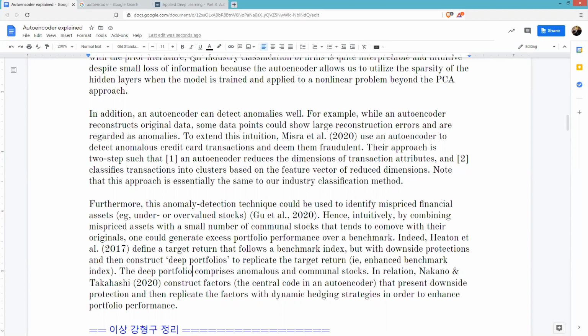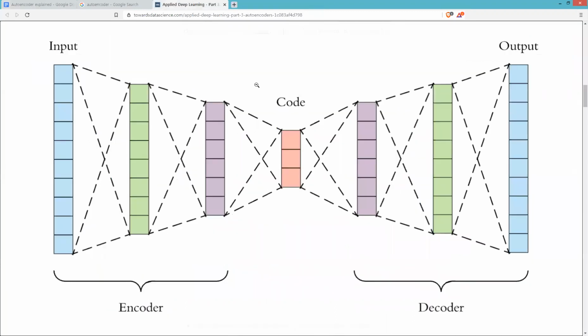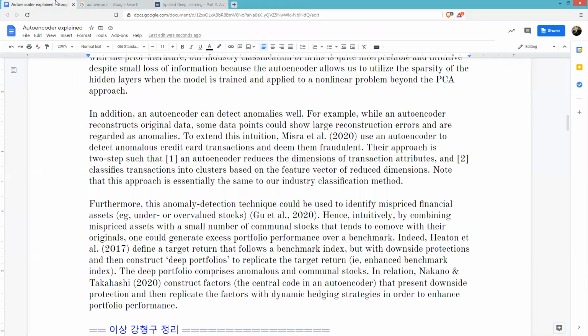Again, Nakano and Takahashi: what they did is that they have stocks, and then by making the code a smaller dimension, they regard this code as a factor and investable portfolio. And then they developed a portfolio trading strategy that implemented the code. Actually, it's an attractive code that generates positive alpha, excess return.